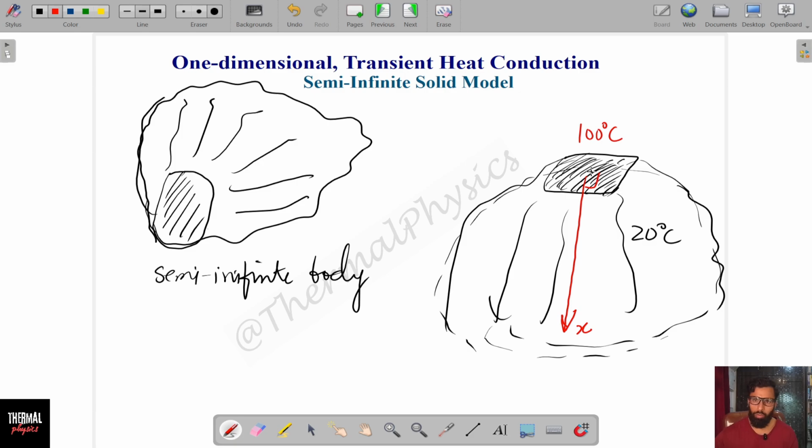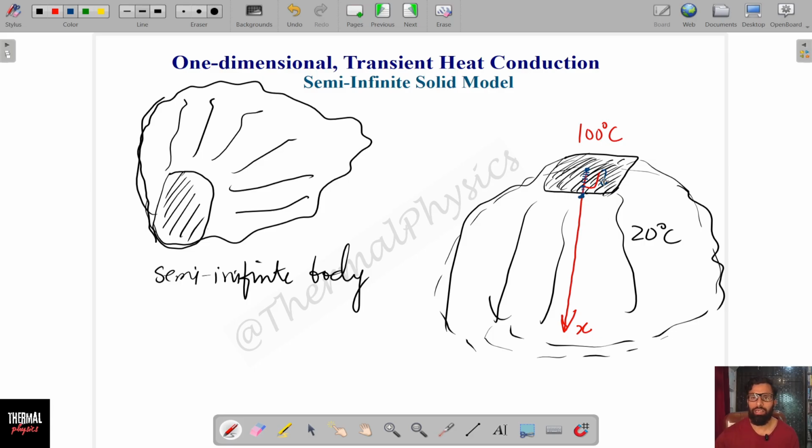Now the most important condition to recognize whether the semi-infinite model can be applied here or not is this. The temperature here is 100, and the rest of the body is at 20 degrees Celsius. Heat will transfer from this point and move forward along the x direction, and after some time equilibrium will be achieved.